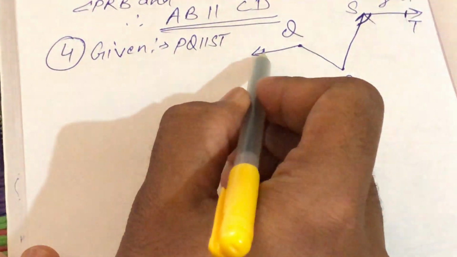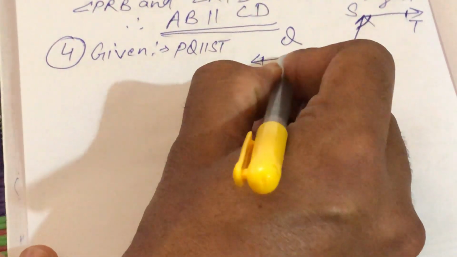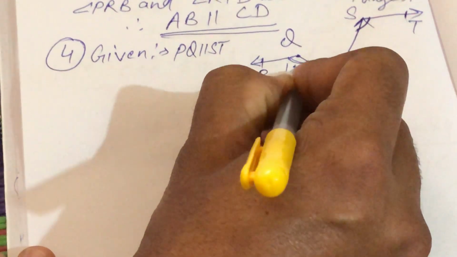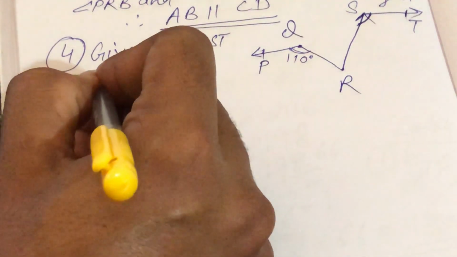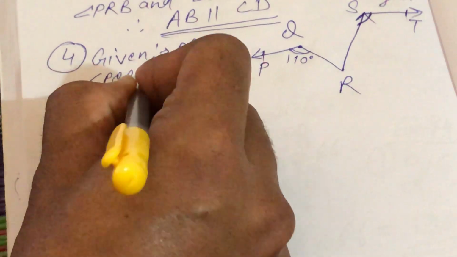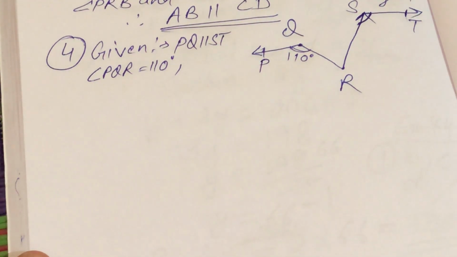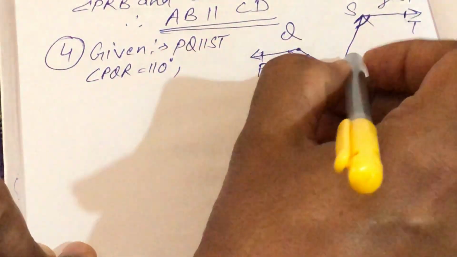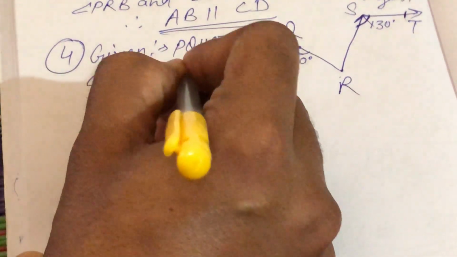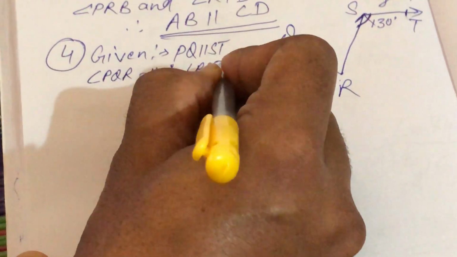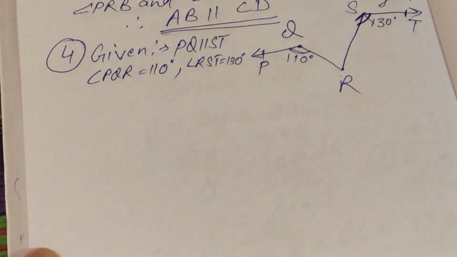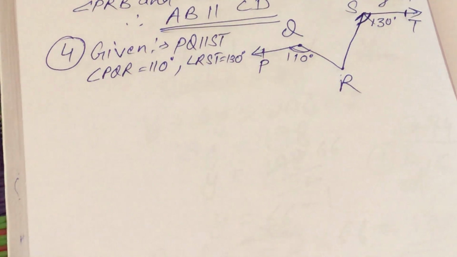And angle PQR, this one, this angle is given 110 degree. Angle PQR, I'll write it 110, comma, angle RST, this one is given 130 degree. Angle RST 130 degree, that is given.